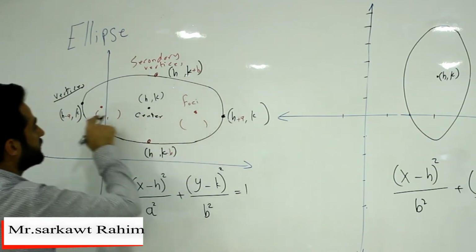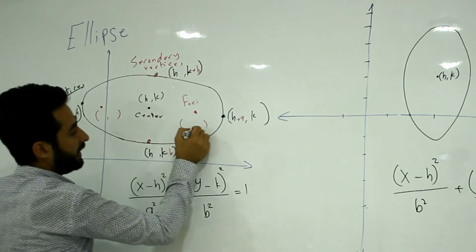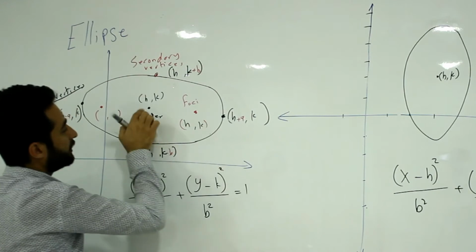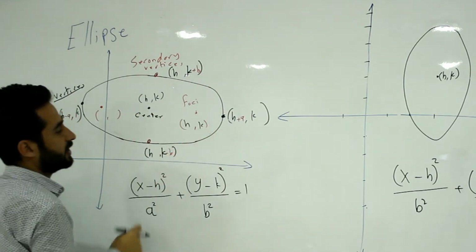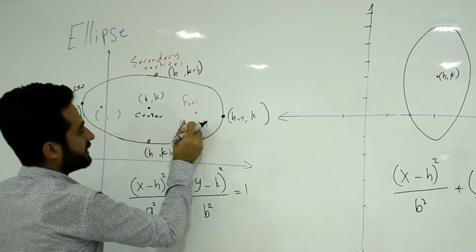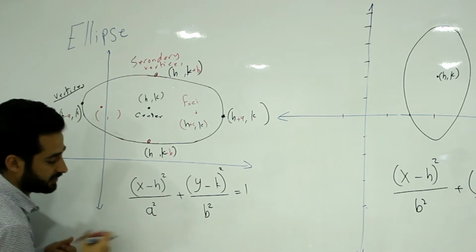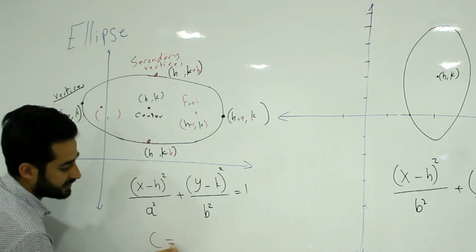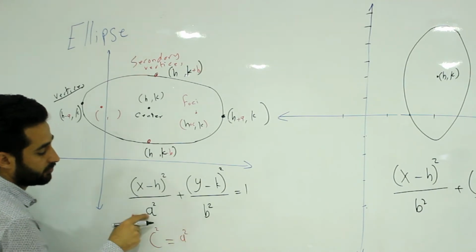Okay, foci is two focuses. Here we have again h and k, but which one changes? When we take this to here, of course the horizontal changes, so we will say plus c. But where is c? We can find c here. We have a rule: c squared is equal to a squared, the greatest one.